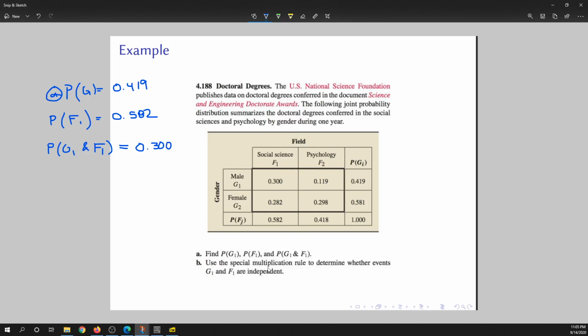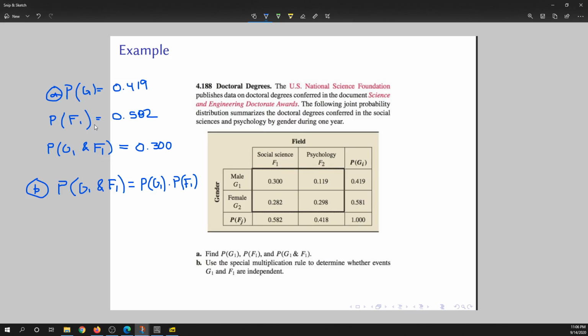All right, part B says use the special multiplication rule to determine whether the events G1 and F1 are independent. If G1 and F1 were independent, we would know that the special multiplication rule would hold up. That would mean the probability of G1 and F1 would be equal to the probability of G1 times the probability of F1.